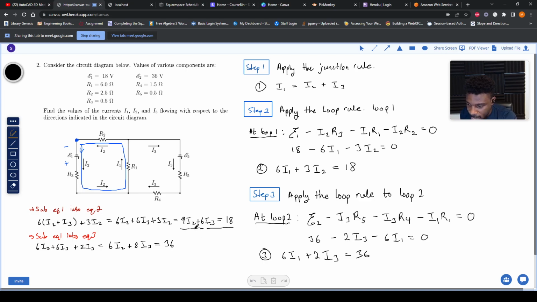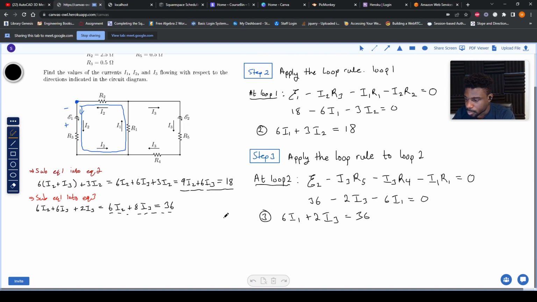Okay, so now we have two equations in terms of I2 and I3, which is good because we can use those two to help us solve for I2 and I3, right? Now, how would we go about doing that? What would be our next step here? Line them up. Yeah, let's do that. We're going to line them up.